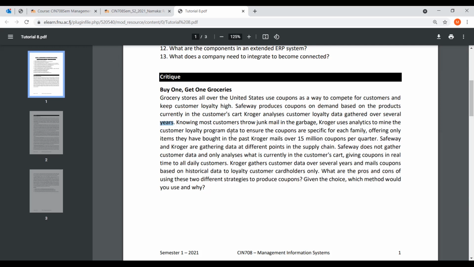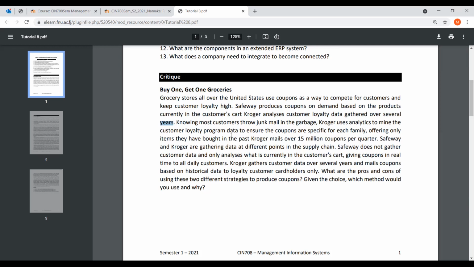Therefore, while marketing specific products, they have no data on which type of customers to target. Whereas Kroger has historical data, so they know which customers to target for a specific product. The disadvantage is that they have very little impact on the current customers or new customers.